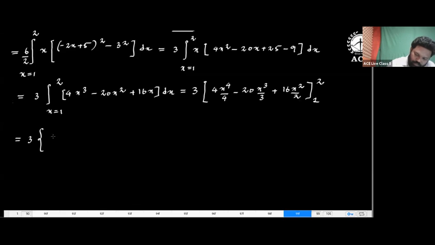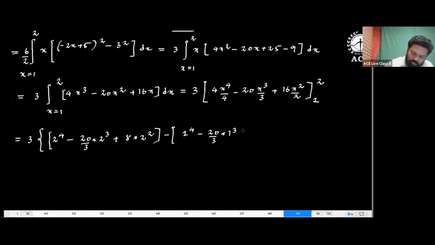3 into 2 to the power of 4 minus 20 by 3 into 2 cube plus 8 into 2 square, minus 1 to the power of 4 plus 20 by 3 into 1 cube plus 8 into 1 square. Give me the answer. How much is this?